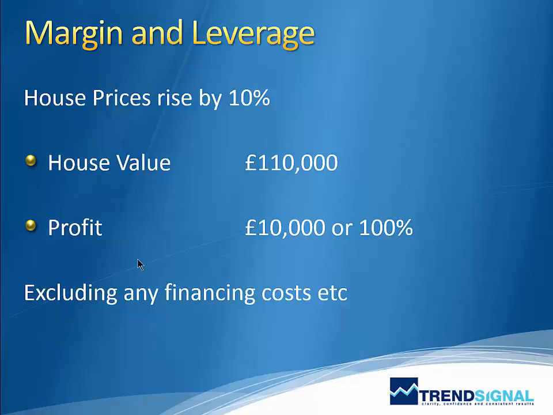But it's important to bear in mind that just because you can get extreme leverage doesn't mean that you should actually use it. Just because you can buy £100,000 of shares with £10,000 in your account doesn't mean you should. In fact, it could potentially be quite foolhardy. And you may not necessarily want the mortgage for the biggest amount you could possibly get. It may not be prudent to do so.